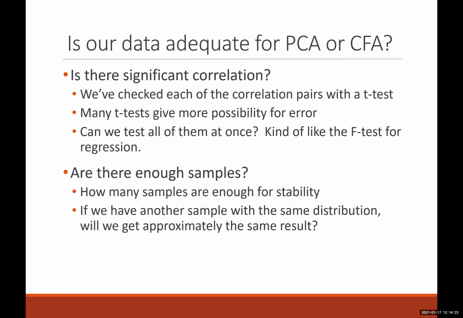And then we also have to ask ourselves, do we have enough sample size? So the rule of thumb from Tabachnick and Fidell is that you have to have at least 300 samples, observations, or N, to be able to run an adequate PCA or CFA. Now we'll see in one of the articles that we cover in class that you can get away with a smaller sample size only if the variables are highly correlated to each other.